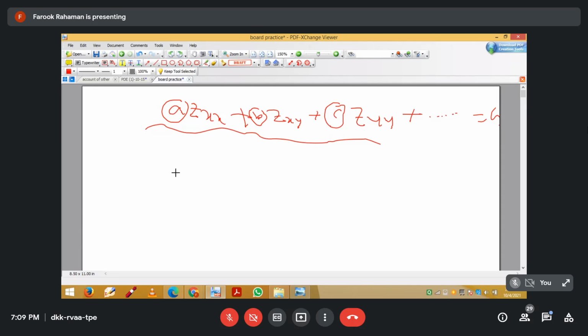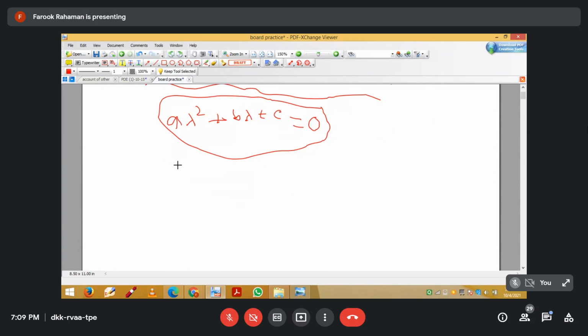From this equation, one can easily construct a quadratic equation from the coefficients of the differential equation. From this quadratic equation, one can easily solve for lambda 1 and lambda 2.